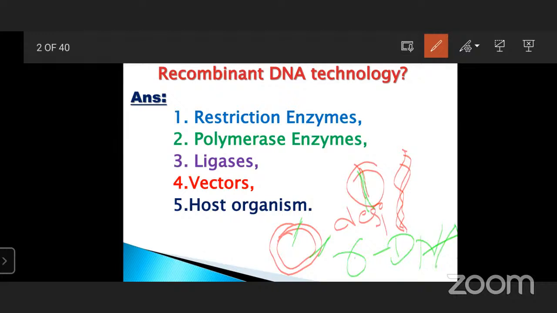This recombinant DNA is inserted into a suitable host. That organism is called a genetically modified organism. Genetically modified organism means its genetic material, DNA, is modified or altered, and desirable genes are present in that host.